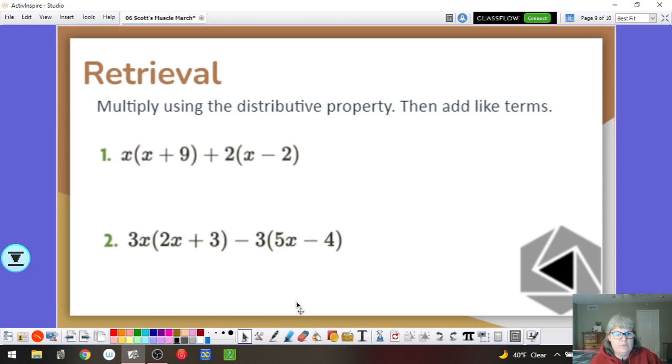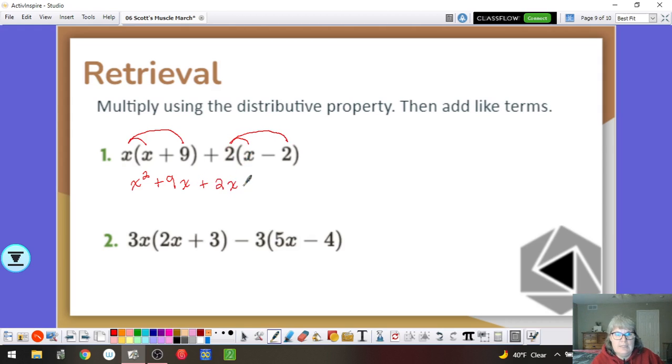Now it's time for some retrieval, some review. Multiply using the distributive property, then add like terms. So in lesson 1, we were distributing. So x times x is x squared. x times 9 is plus 9x. I have 2 times x and 2 times negative 2, so that's a positive 2x.